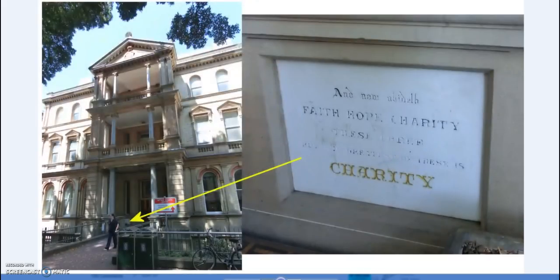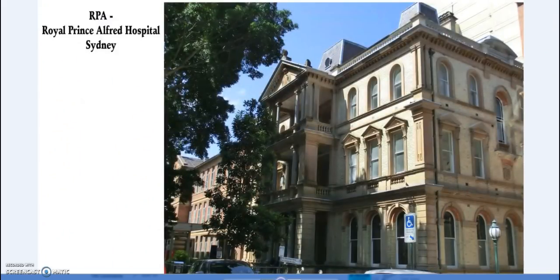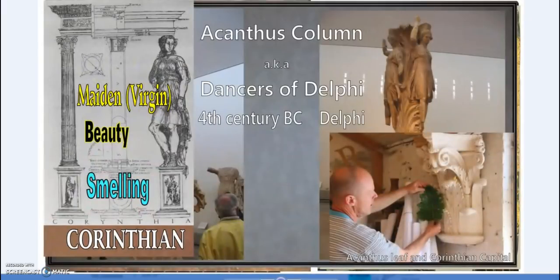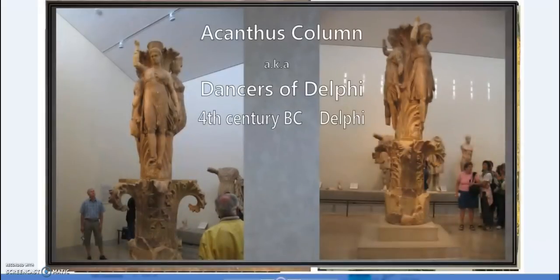But yeah, faith, hope, and charity, it's a Christian thing, it's a Masonic thing, but it's also in the older societies, and these emblems, symbols, and practices are a very important part, and something we should re-embrace.